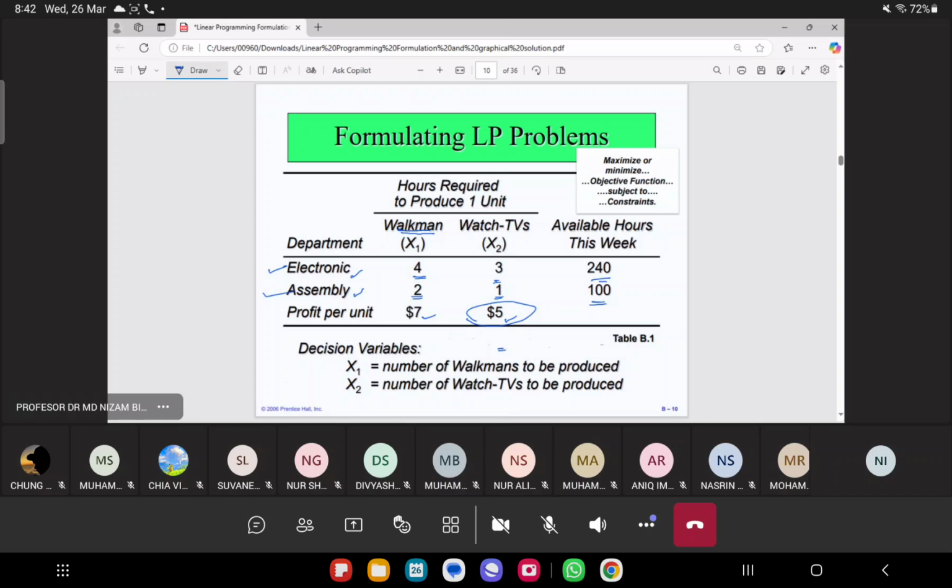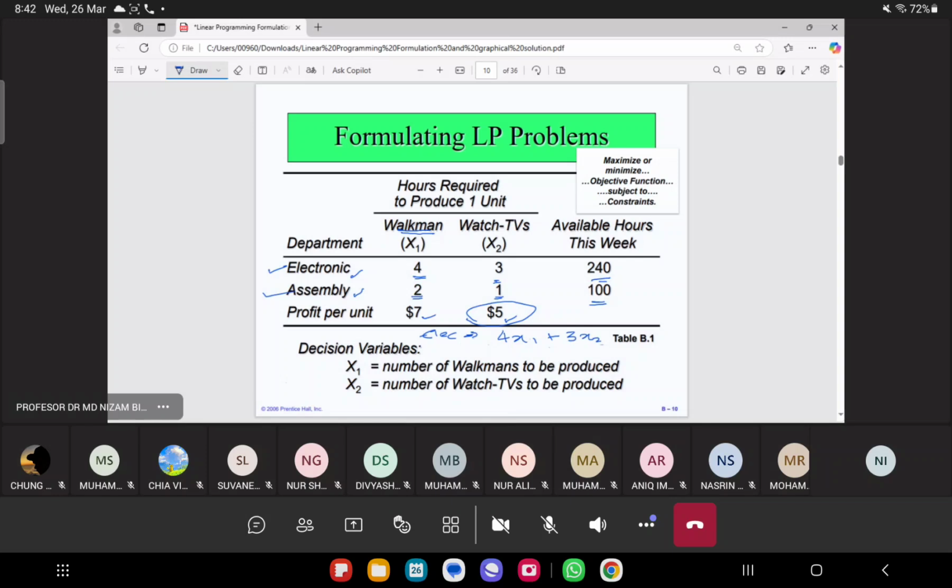Let's look at the first constraint, which will be electronics. For the electronics department, every Walkman needs 4 hours, so the constraint is 4x1. Every x1, which is Walkman, requires 4 hours of time. And for every Watch TV, electronics requires 3 hours, so it's 3x2.